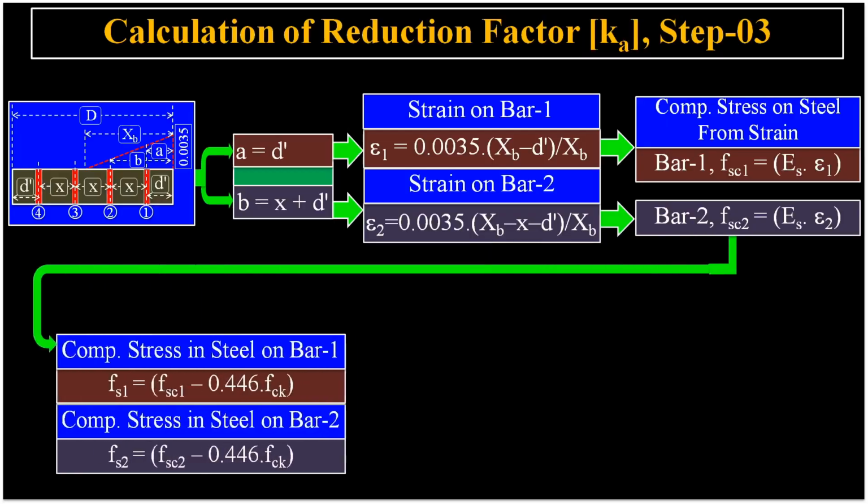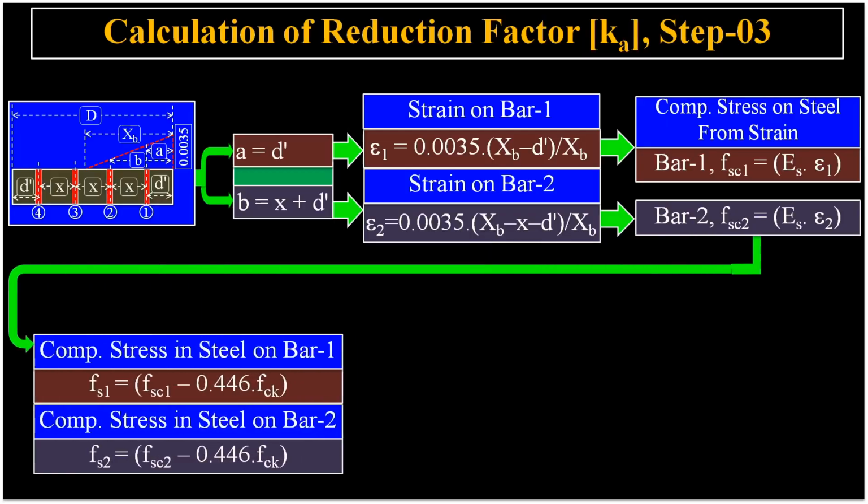Compressive stress in steel, effective stress. In this portion, we are going to calculate the excess stress on steel that will be borne by steel, beyond the concrete capacity. Say, effective stress on bar 1 is Fs1. Therefore, Fs1 equals Fsc1 minus 0.446 multiplied by Fck.